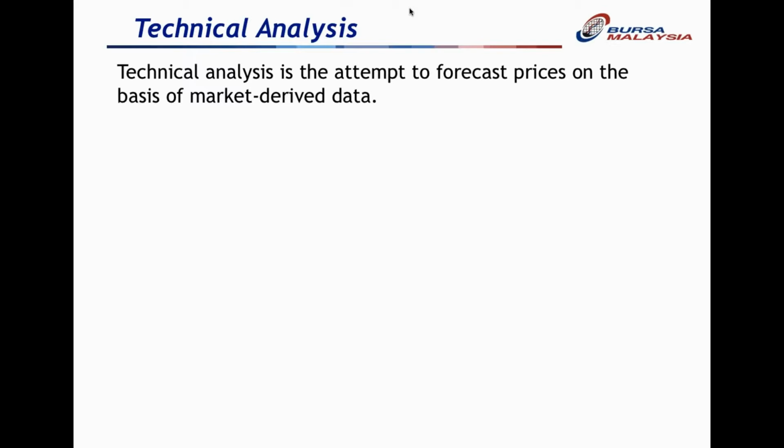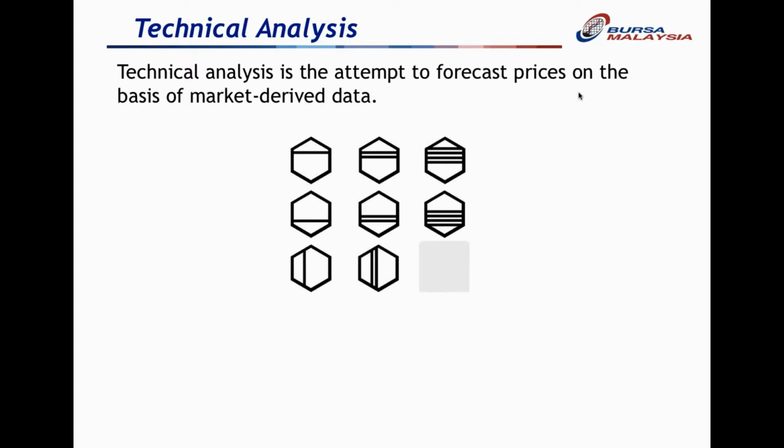All right, but there's another school of thought, which is technical analysis. Technical analysis is the attempt to forecast prices on the basis of market-derived data. There are a lot of subsets, and by looking at this diagram, you try to see where the price will go by examining the historical data.